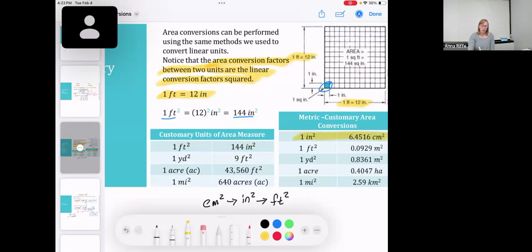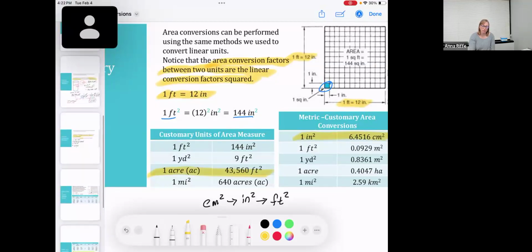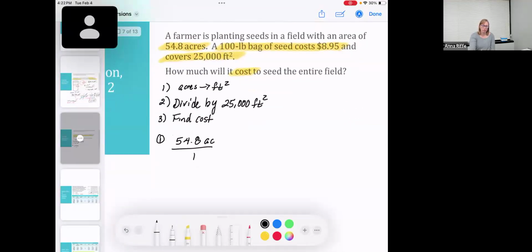Luckily, we have a direct conversion between the two. 1 acre is equal to 43,560 square feet. So that's handy. I'm going to multiply by a unity fraction that has acres on the bottom, which means the square feet go on top. So the acres will cancel.